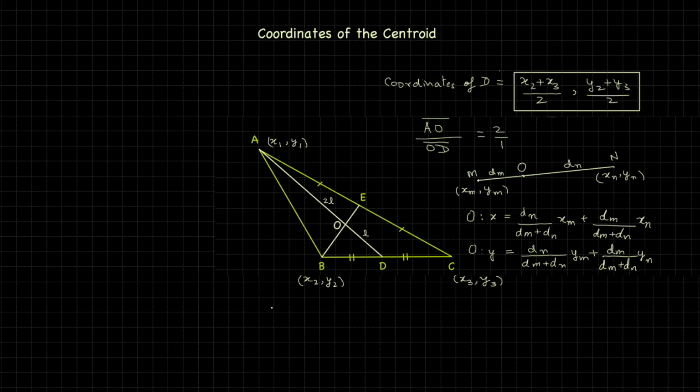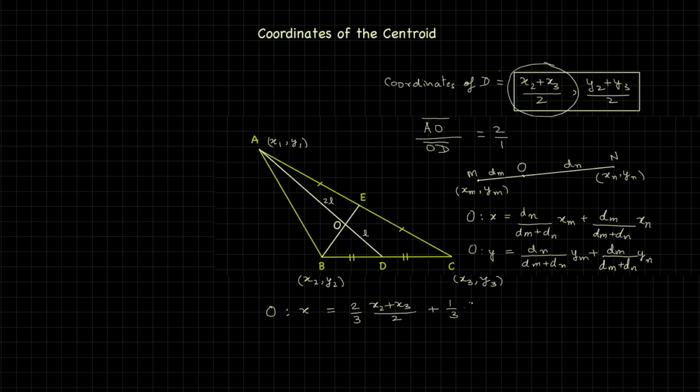So going back to the triangle, O is closer to D than it is to A. So it makes sense that D will contribute more to the coordinate of O. The x coordinate of O will be given by 2/3 the x coordinate of D, which is (x2 plus x3)/2, and then A will contribute 1/3 x1.